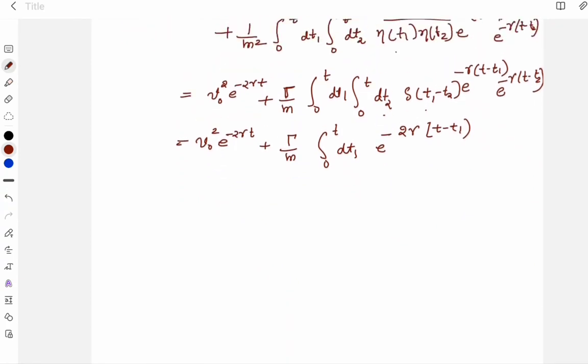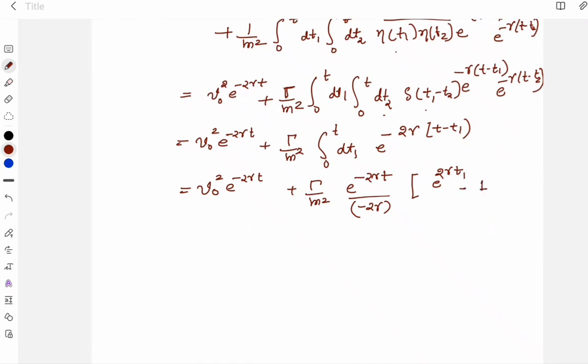Now solve it for t1. So what will you have? v0 square e to the power minus 2 gamma t, okay, there is m square, sorry, gamma over m square. e to the power minus 2 gamma t is not affected by the integration, so 1 over 2 gamma will be pulled down, e to the power minus 2 gamma t times e to the power 2 gamma t1, t minus 1.